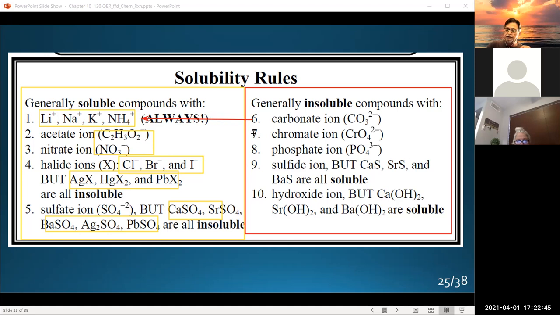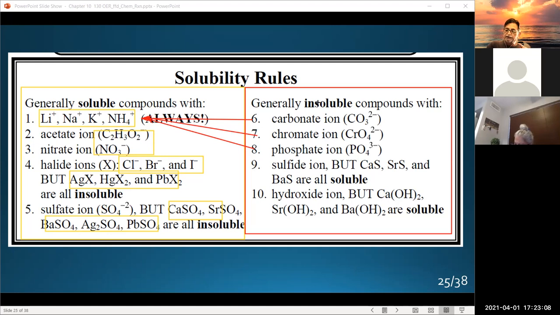Chromate and phosphate, same scenario. They are essentially insoluble with anything except the big four, which are always soluble if they're bonded to them. Okay, so now it brings you to the sulfide, that's the S -2 ion.